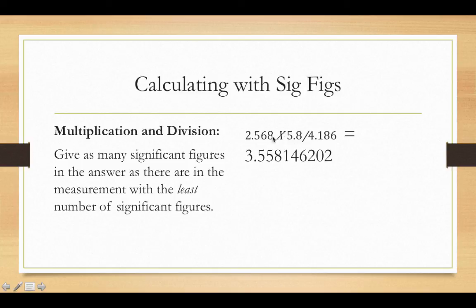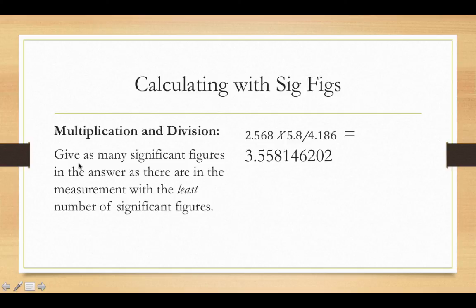So we can see an example of that. I have 2.568 times 5.8 divided by 4.186. And when I put that into my calculator, I get this big number appearing on the screen. And let's be real, how many of you have asked, where should I stop recording? Sig figs tells us that answer.